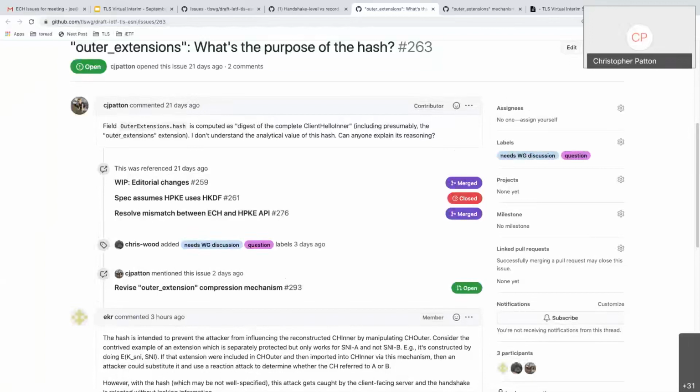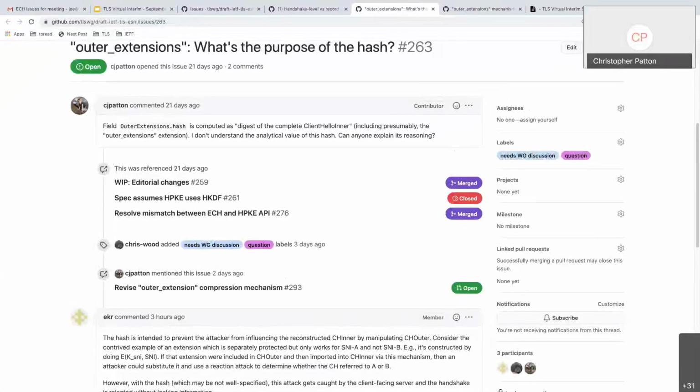What we need from the encrypted client hello encryption mechanism is IND-CCA security, and this amounts to an attack on the IND-CCA security of the thing when you have associated data.